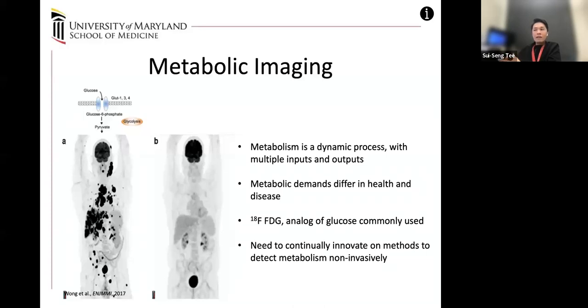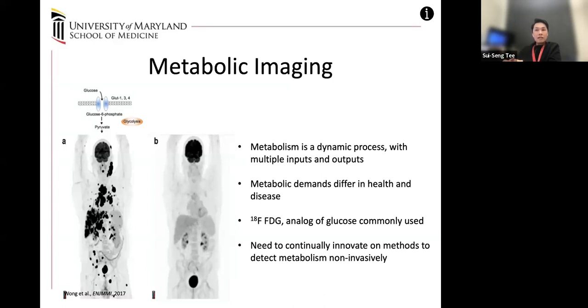So what other techniques do we have in terms of imaging to look at processes of metabolism, right? Because remember, a lot of metabolomics today in the research realm is destructive, right? So a lot of us use mass spec as a way to look at how metabolites turn into one another.